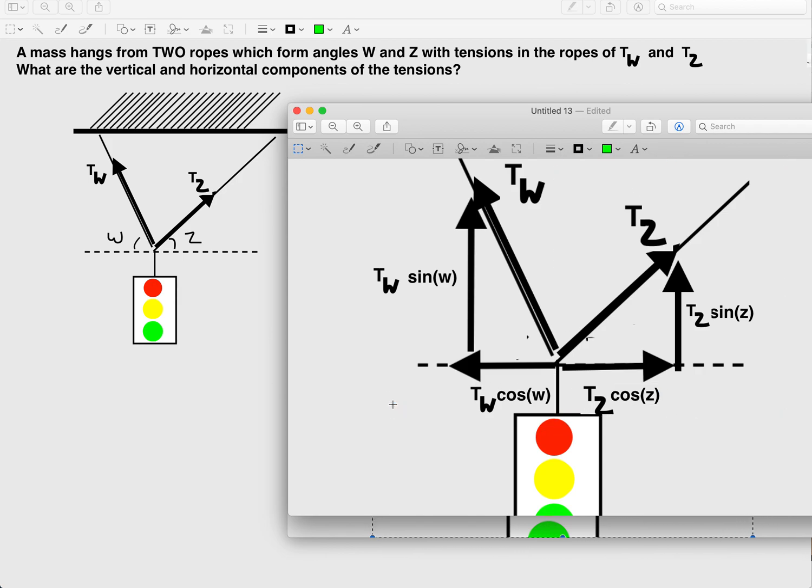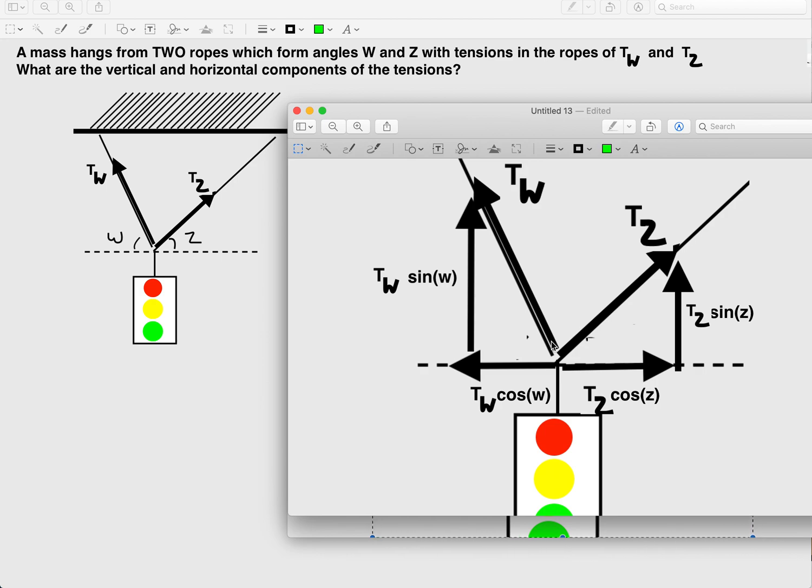Now, I'm going to ask a question about the weight of this traffic light. But first I want to just do a quick aside here.